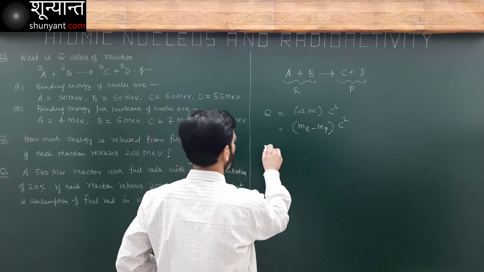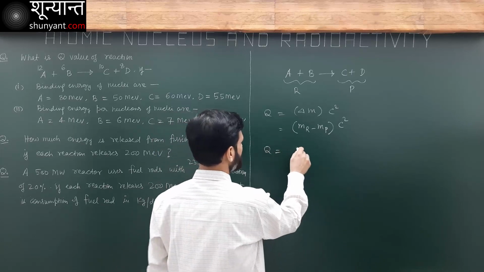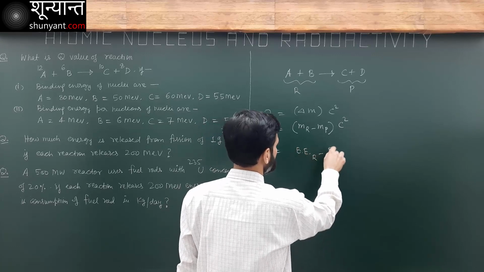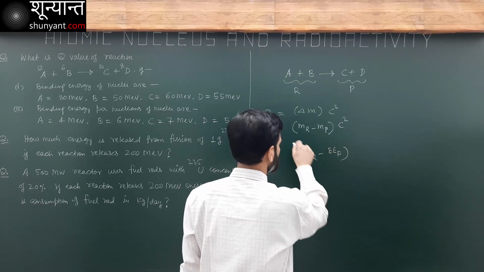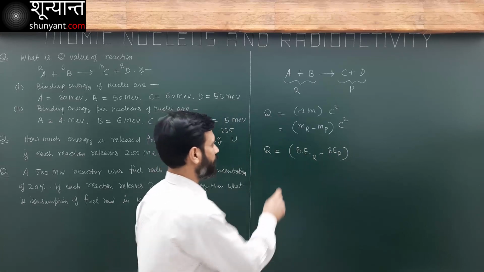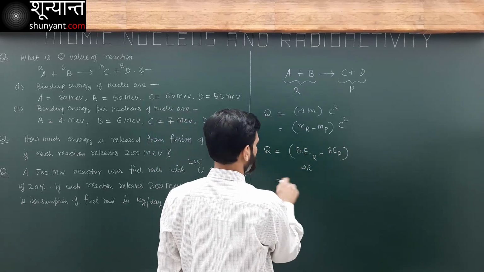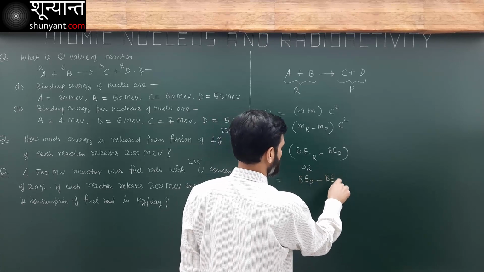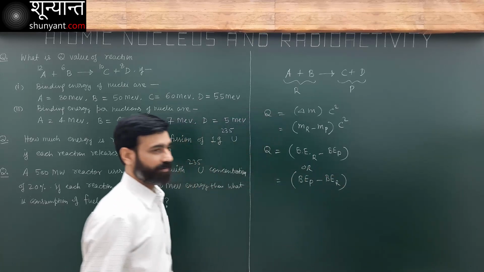Should I write Q is equal to binding energy of reactant minus binding energy of product, or should I write it this way: binding energy of product minus binding energy of reactant? What do you think?